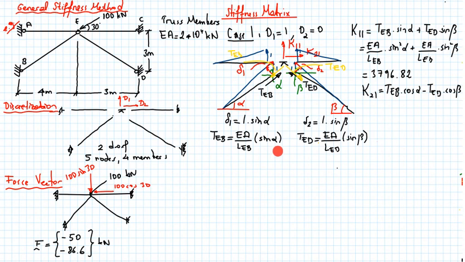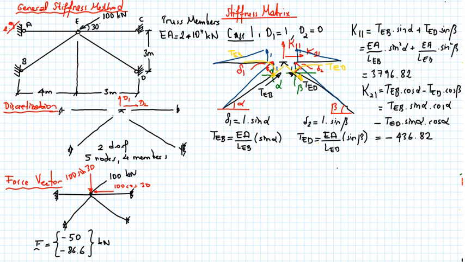Now put these two equations into here, and we have TEB sine alpha cosine alpha minus TED sine alpha cosine alpha. And when we evaluate that, we obtain this value as 400 minus 436.82.